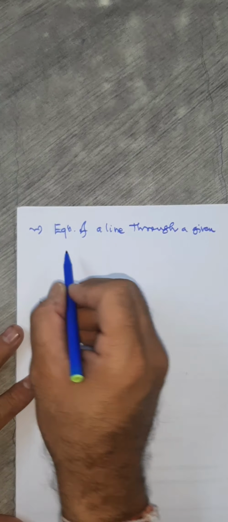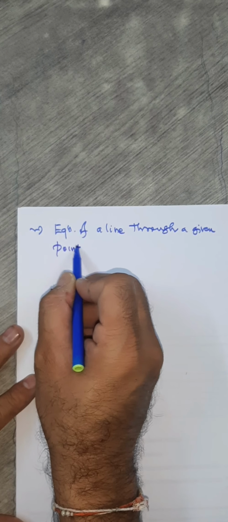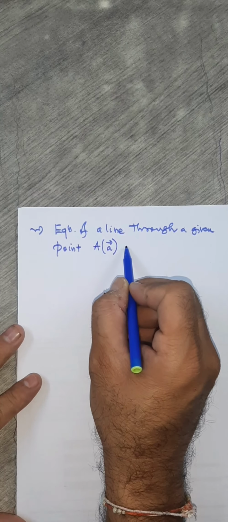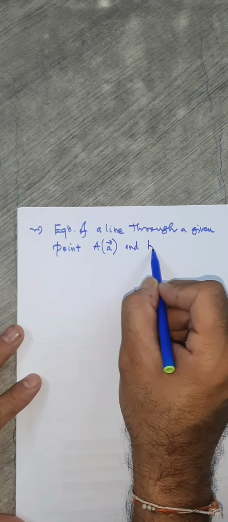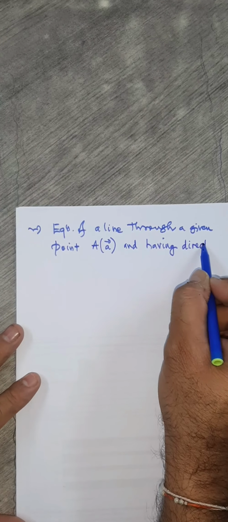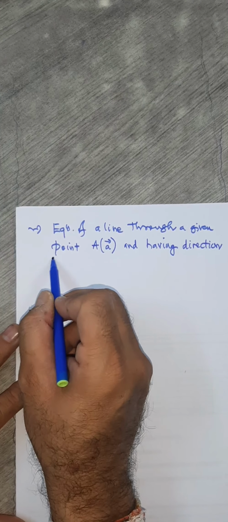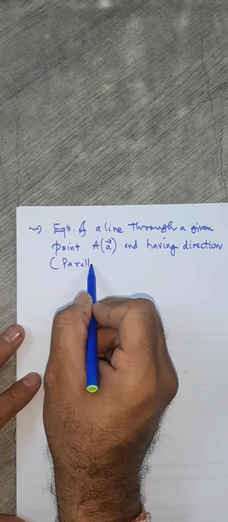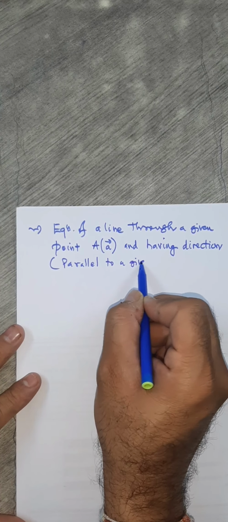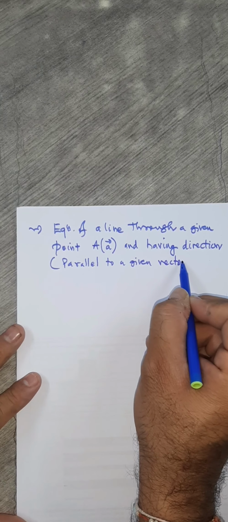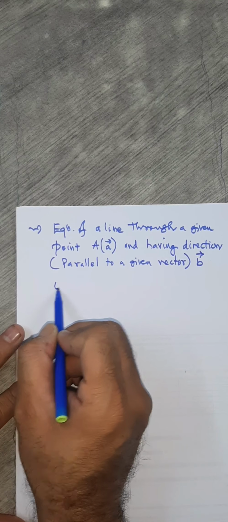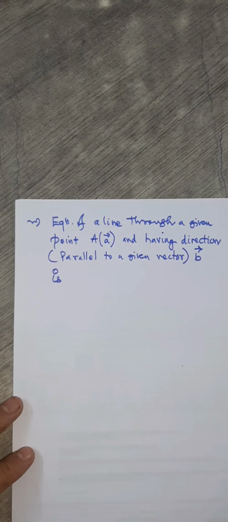You are given a point, say vector A, and having direction parallel to a given vector, say B, is given by this expression.